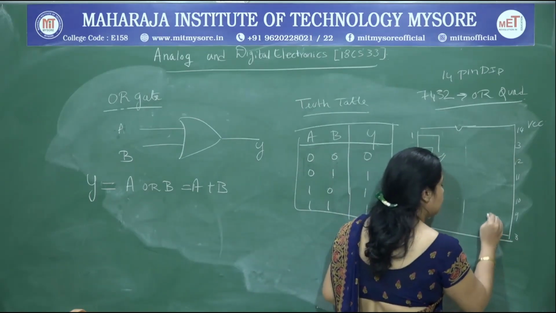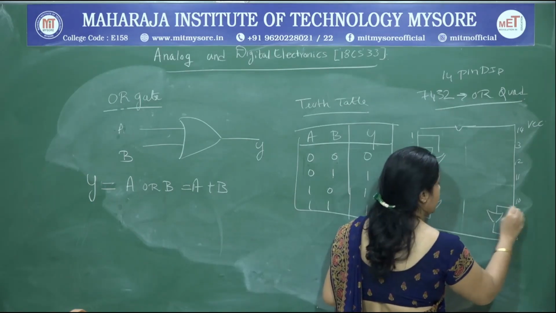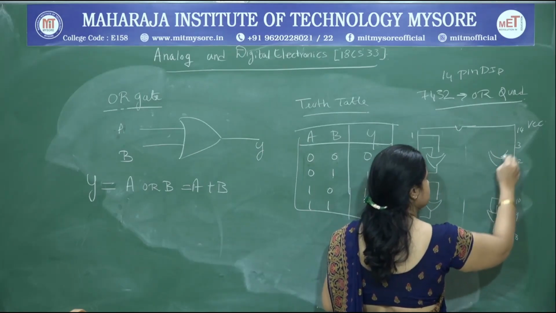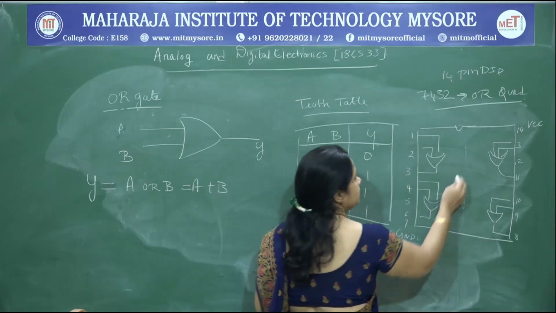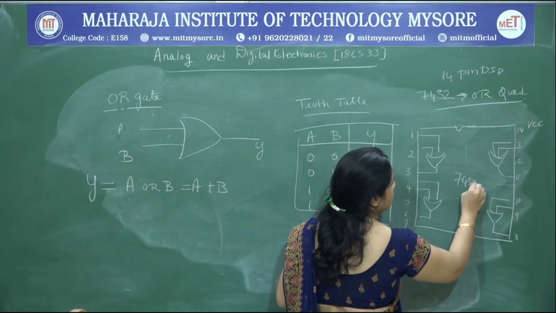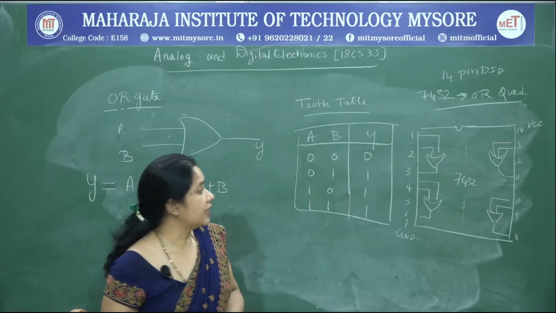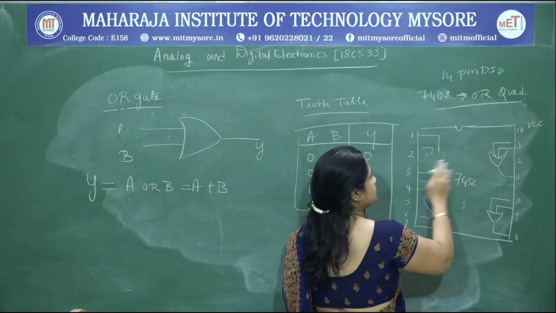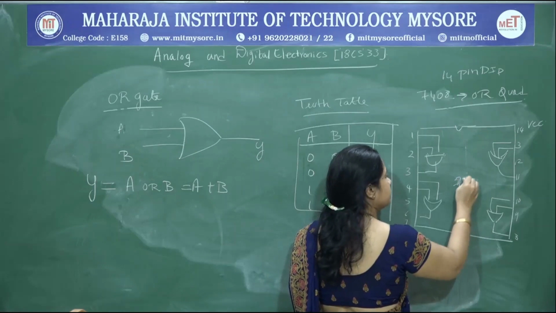So, 8 is the output, 9 and 10 are the inputs, and similarly 11 is the output, 12 and 13 are the inputs, and the IC number is 7432. Same thing holds good for your AND gate as well, but the IC number is 7408. So, the pin configuration remains the same.